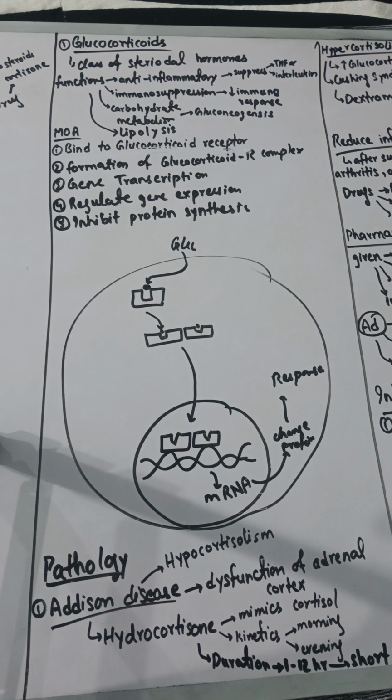It means more than 2 days a steroidal drug can produce its effects. So among all the drugs, steroidal drugs have the longest duration, and 1 to 12 hours is one of the shortest durations of them, and hydrocortisone has the shortest duration. So let's discuss the case of hypercortisolism.